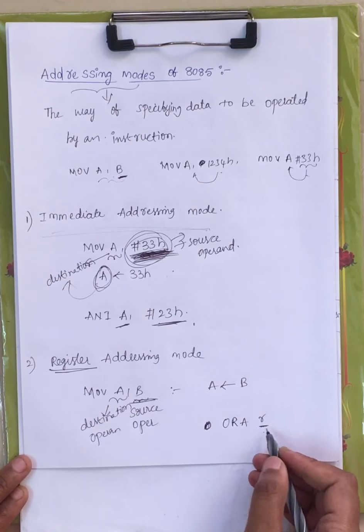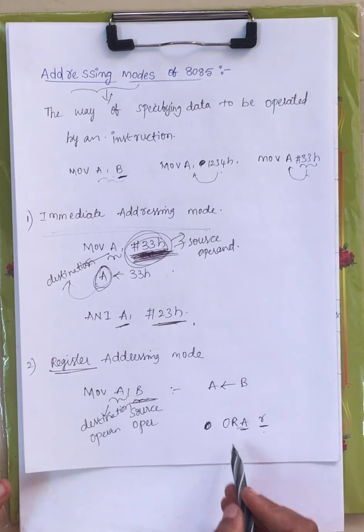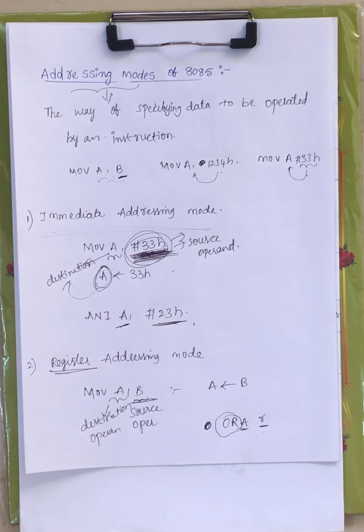The contents of R and the contents of A, between these two we perform an OR logical operation and the result is stored in A, right? Now we are specifying the source operand, whether it is immediate data, register or memory location. Here we are specifying the data that is to be operated by an instruction. That is the meaning of addressing mode. We have 5 different types.